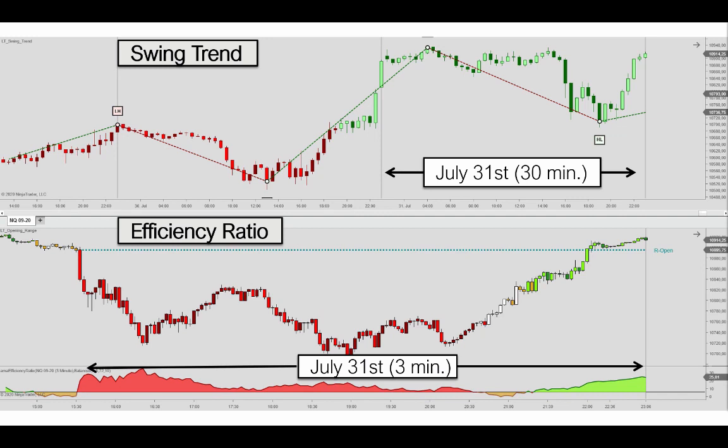And Bloodhound makes it really easy to combine different time frames and trend filters, conditioning setups only to occur when they align. So in a follow-up in this presentation, I'll show you how to combine the setups or the trend states using the efficiency ratio on a primary time frame and the swing trend analysis in a higher time frame.